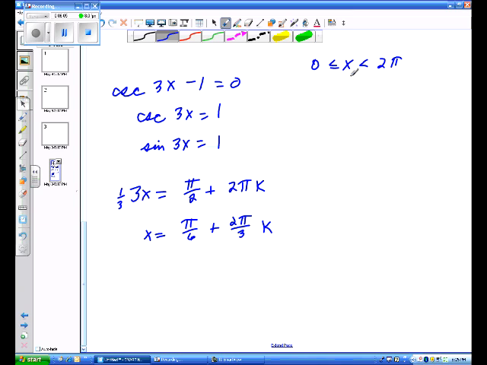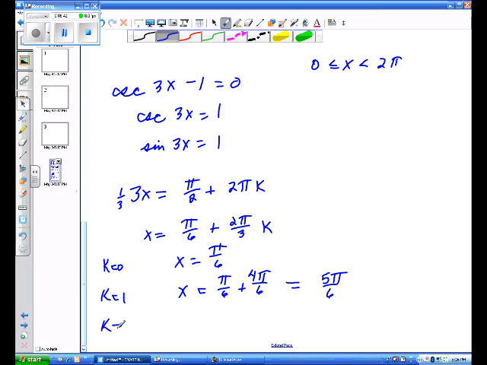But if we only want them between 0 and 2 pi, then we need to figure them out. So if k is 0, since it's a 3x, we'll do 3 of them. So x would be pi over 6. If k is 1, then we're going to have 1/6 plus 2 pi over 3. Well, that's pi over 6, and then getting a common denominator of 6, 2 times 2 would be 4 pi over 6, so that would be 5 pi over 6.